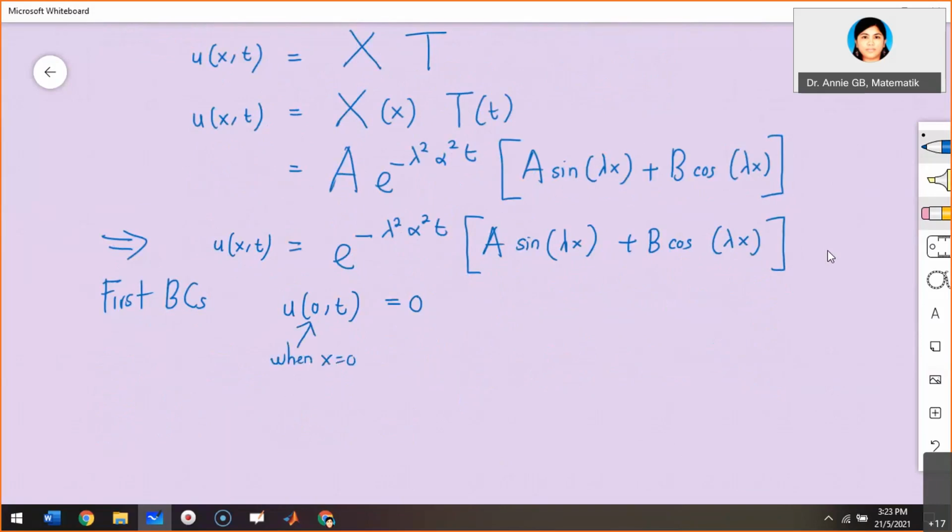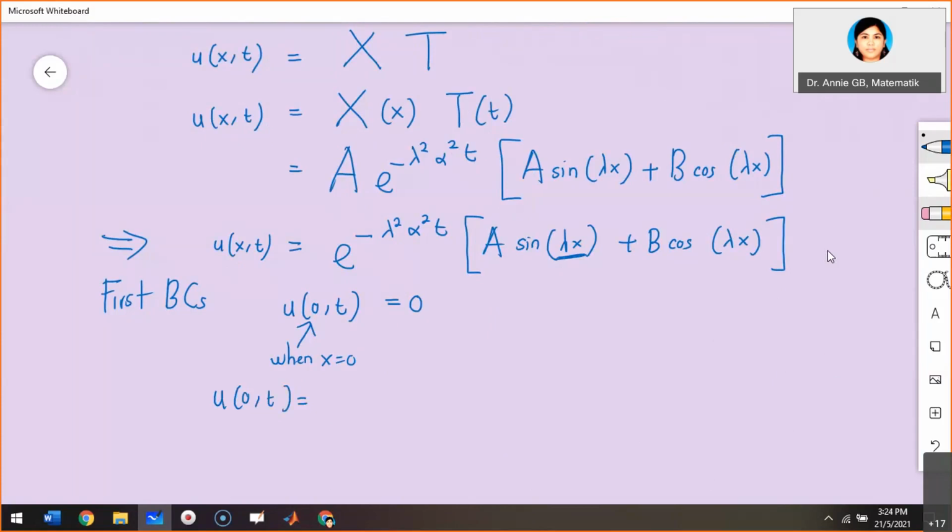Kan? u(x,t) kan? So when x is 0, okay, kita tengok. When x is 0 kat sini. Bila x saya 0, kat sini sin 0 will be 0. Okay? Cos 0 is 1.